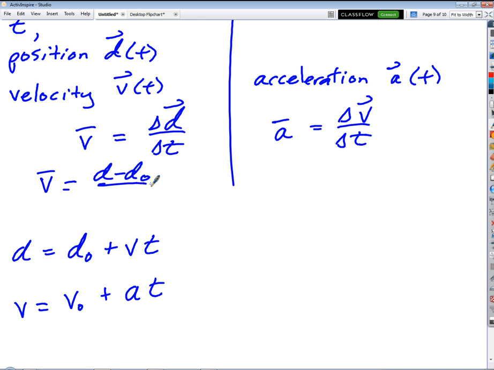Change. So it's going to be the final time minus the initial time. But what's the initial time? 0. That's when we start our stopwatch, isn't it? Almost always we're going to set the initial time to 0. So couldn't we just really say that delta t, if we're starting at 0, is t? Right? Okay. So what happens here if I multiply by t and add d naught?